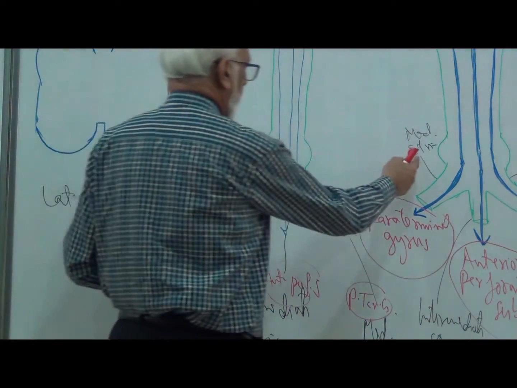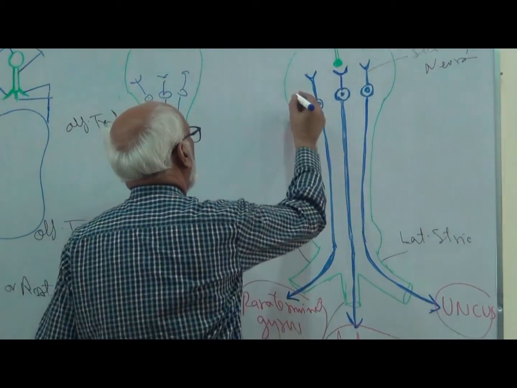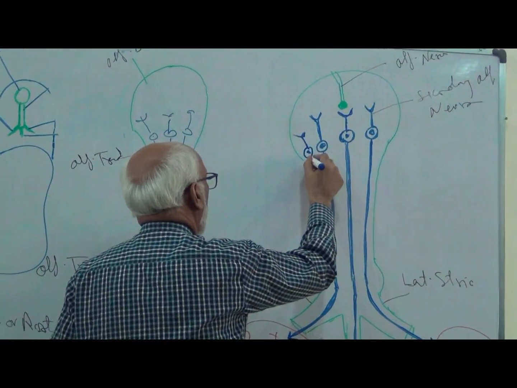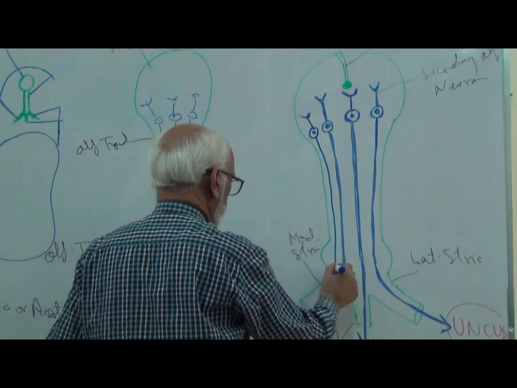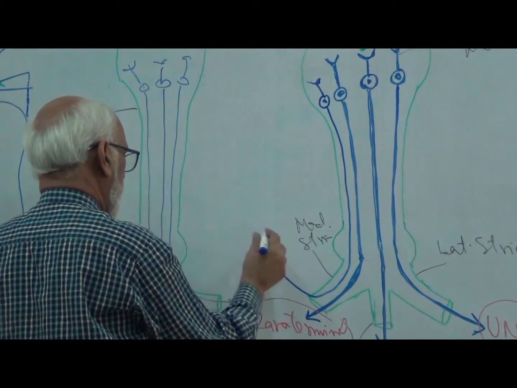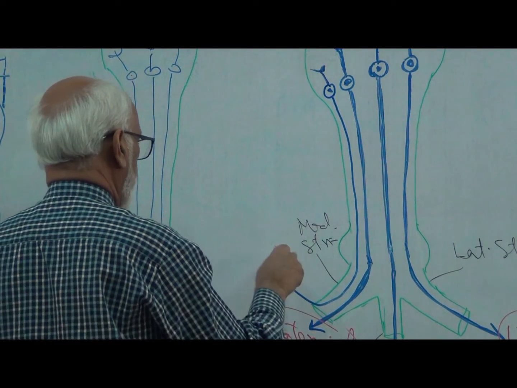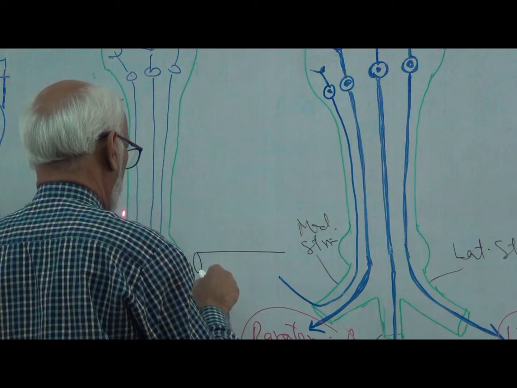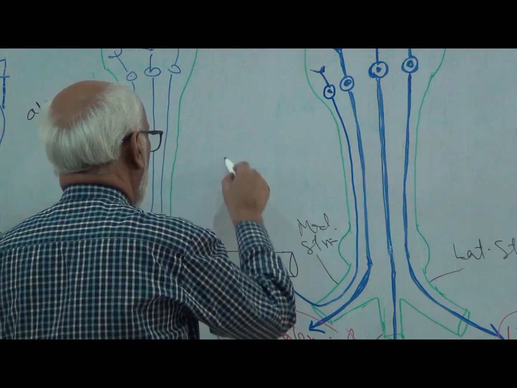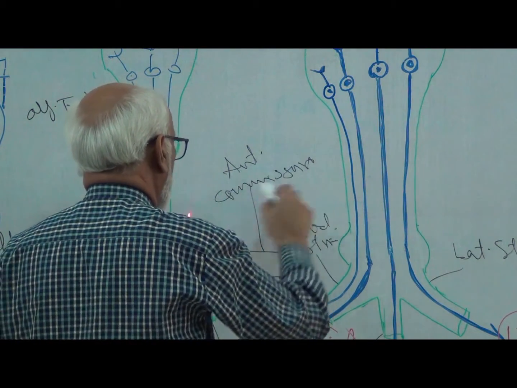Now, some of the fibers of the medial stria pass through the anterior commissure. Suppose this bundle of commissural fibers is the anterior commissure.